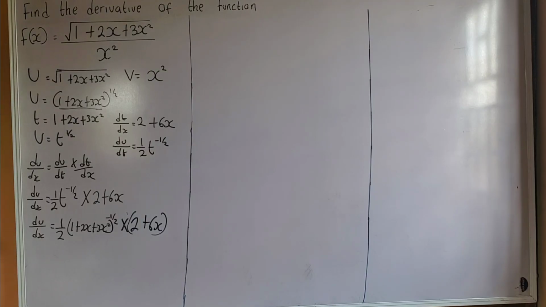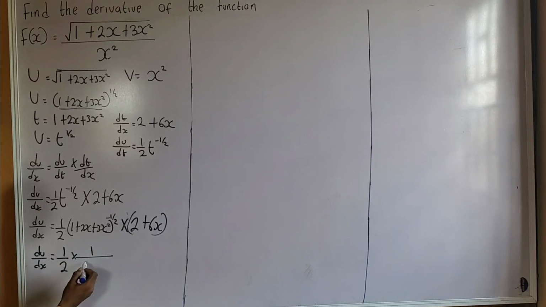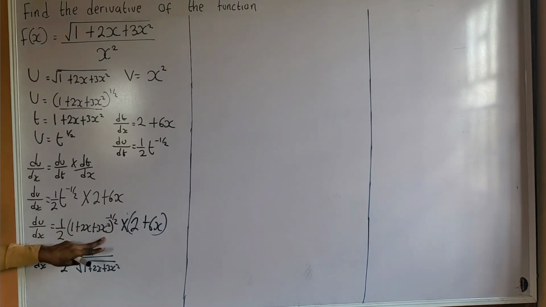Now, having gotten to this point, the next step is that du over dx will be equal to, listen to me carefully. What I'm doing now is just taking the derivative of u equals this. Are you getting it? I've not done anything. I'm just taking the derivative of u equals this. So I'm going to have 1 over 2 multiplied by 1 over the square root of 1 plus 2x plus 3x squared, according to the law of indices.